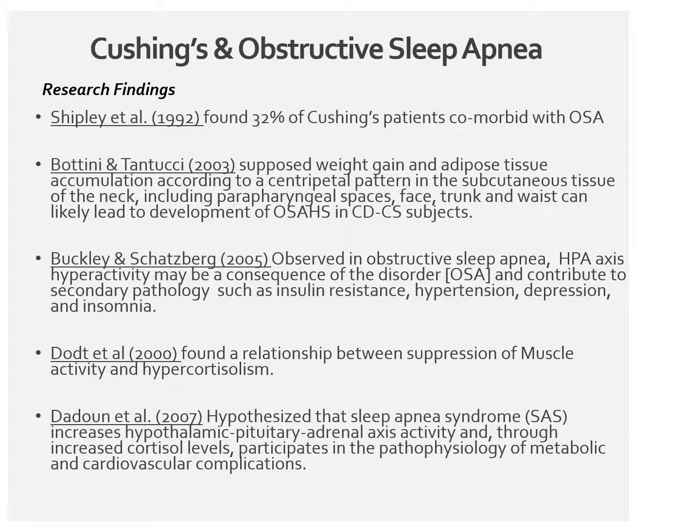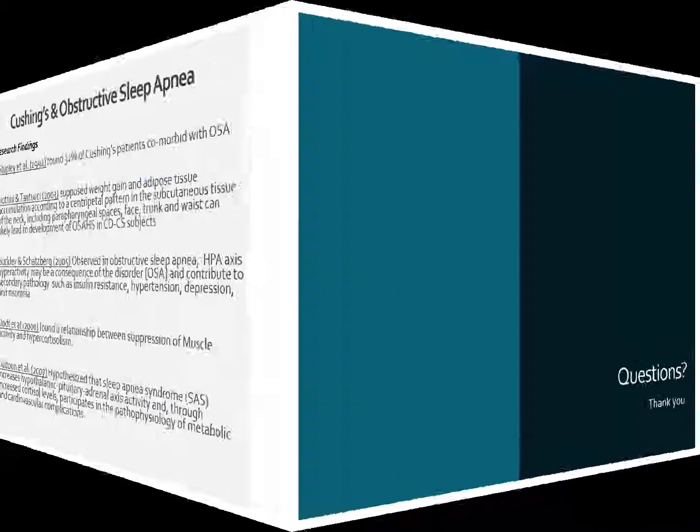In 2007, Dadun also hypothesized that this sleep apnea syndrome causes that HPA axis activation, and that's what he really thinks is going on here, and that between cortisol levels and other things, we see a lot of obstructive sleep apnea development.